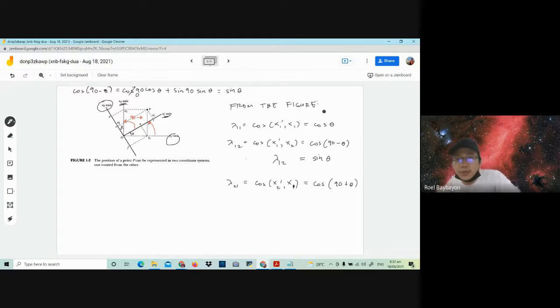And I think this is equal to negative sine of theta, based on using cos minus sine. The cosine of 90 plus theta is equal to minus sine of theta. So lambda 21 is equal to minus sine of theta.